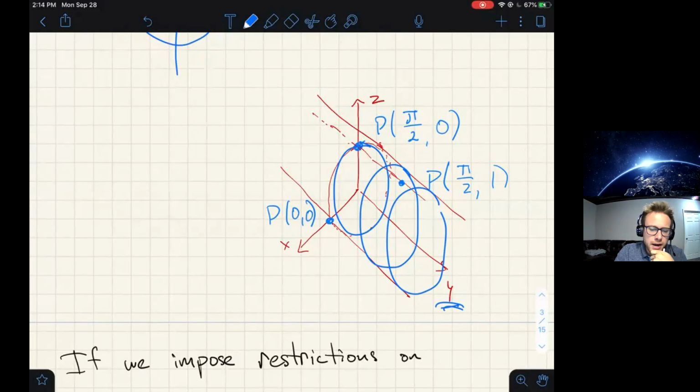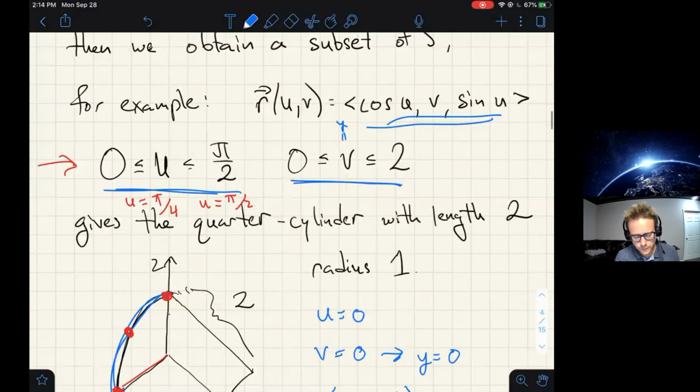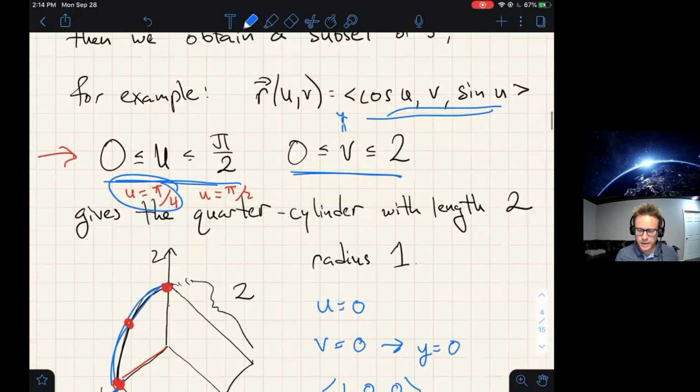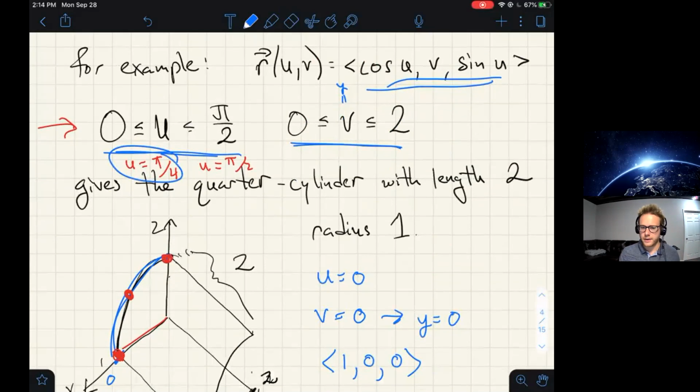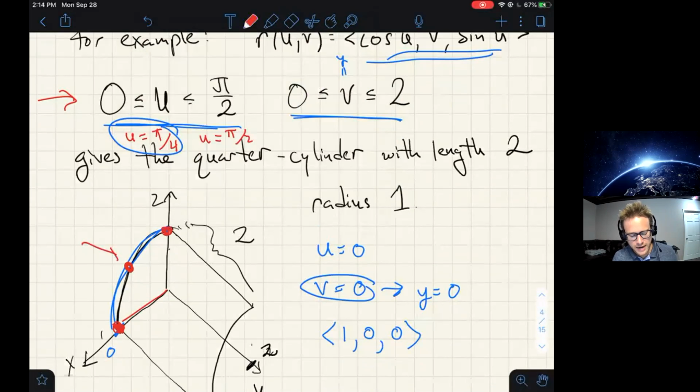If you plug in pi over 4, would you plug in y equals 1? That's an interesting question, and the answer is not necessarily, right? These things are independent from one another. So you can plug in pi over 4 for U here, and you could plug in really whatever you want for V. So V could still be 0 here, in which case you get this point right here that I've mapped.